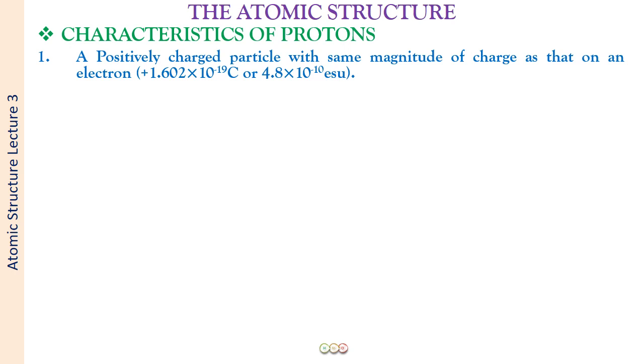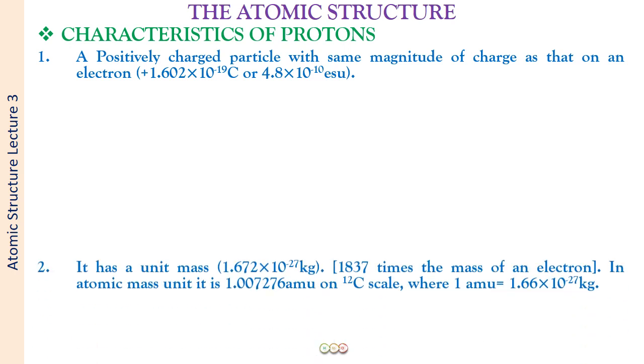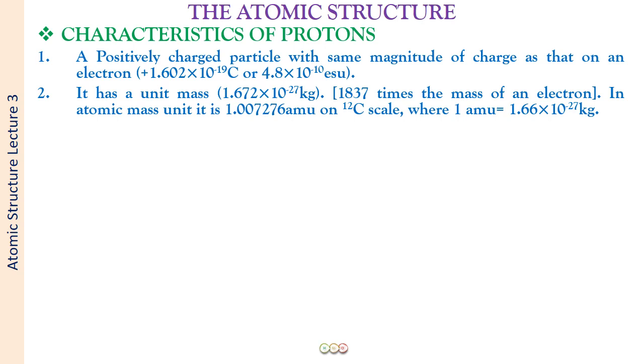So the proton has plus 1.6 times 10 power minus 19 coulomb charge. Then the mass of the proton is called unit mass, and this is 1.672 times 10 power minus 27 kg, and this is 1837 times the mass of an electron.